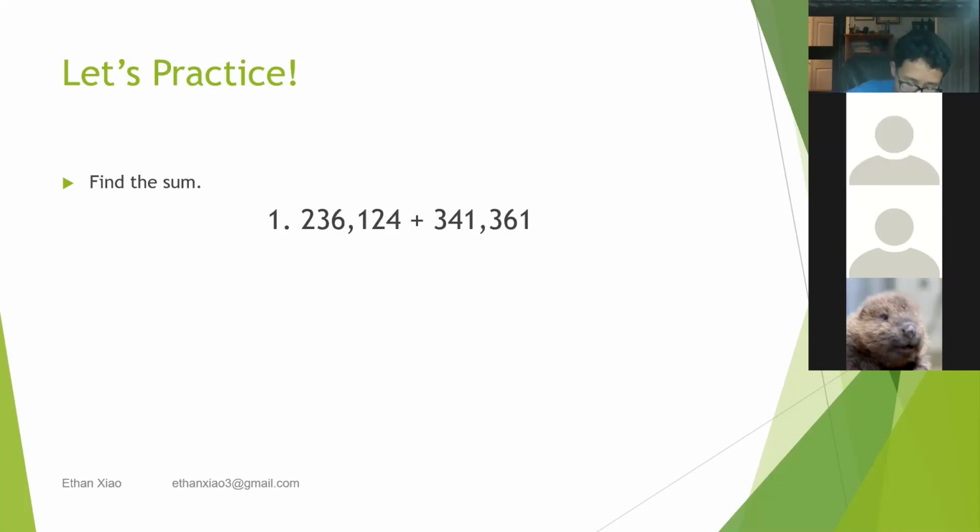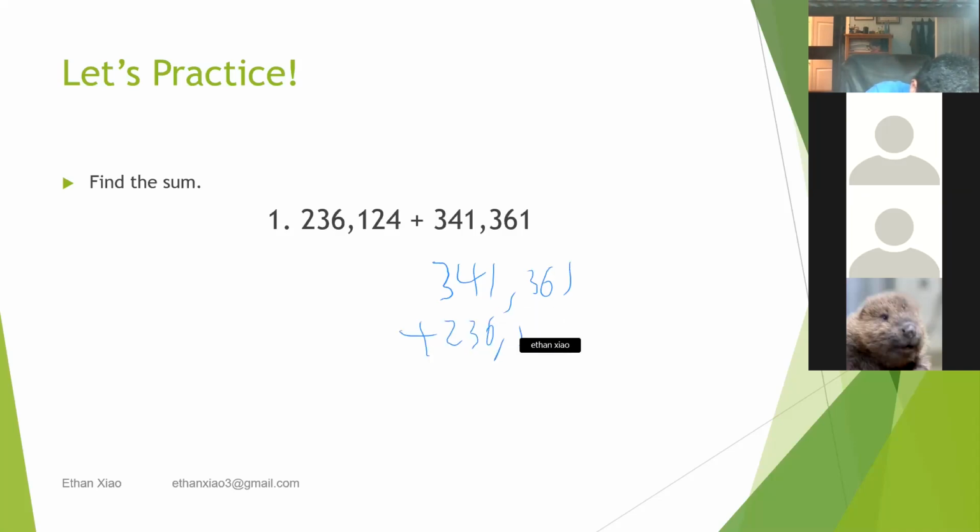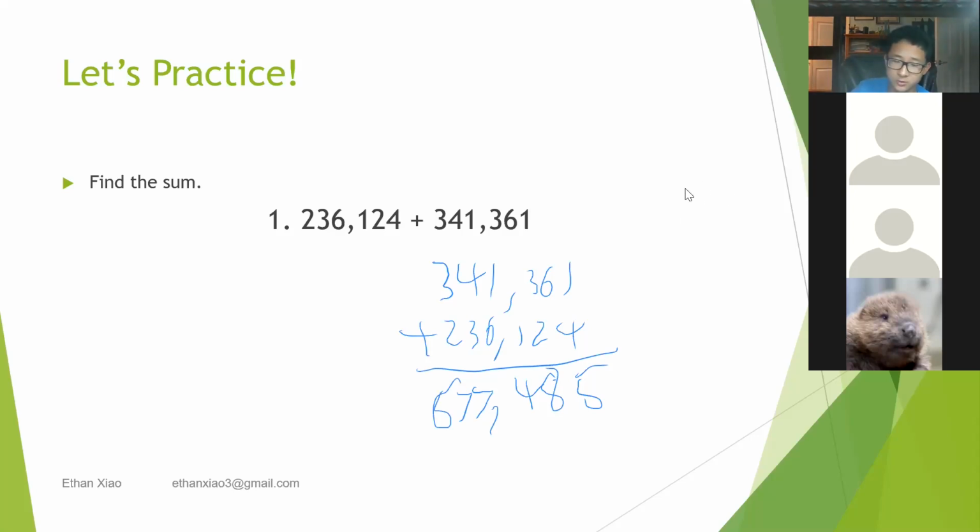I'm going to show you guys the answer. So what I'm going to do is add these two numbers, 341,361 plus 236,124. So 1 plus 4 is 5, 6 plus 2 is 8, 3 plus 1 is 4, comma, 1 plus 6 is 7, 4 plus 3 is 7, and 3 plus 2 is 5. It should be pretty simple. So you guys can check your work, and in a few seconds, I'll move to the next one.